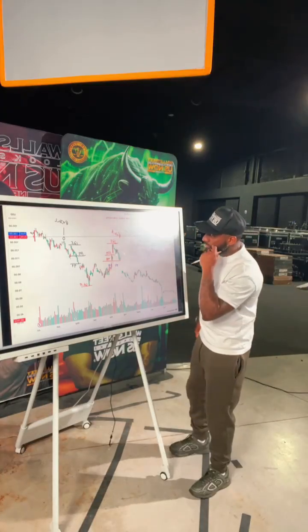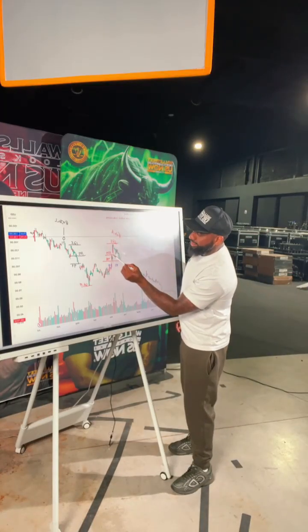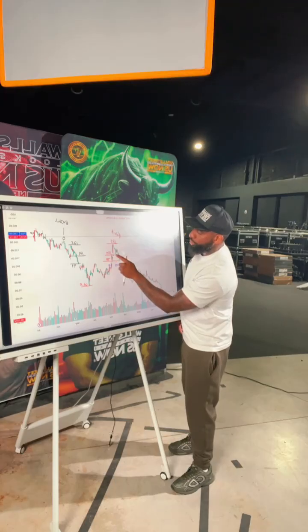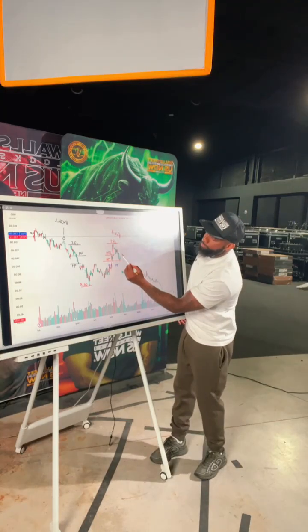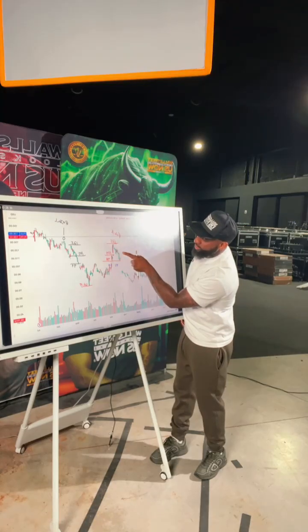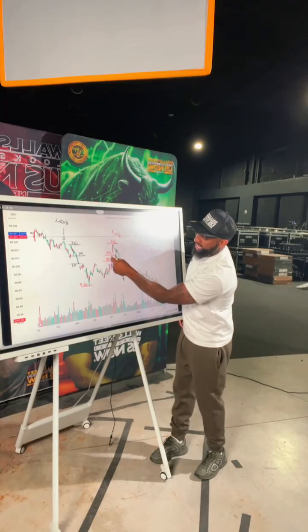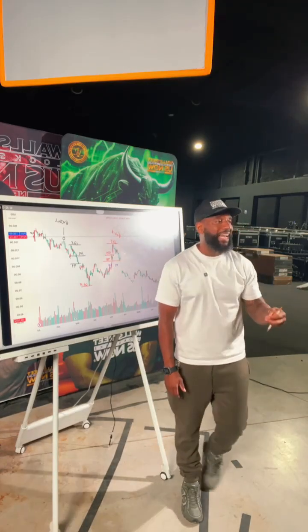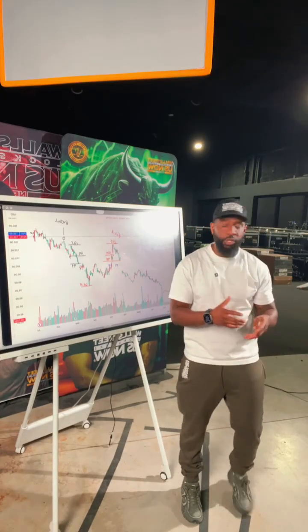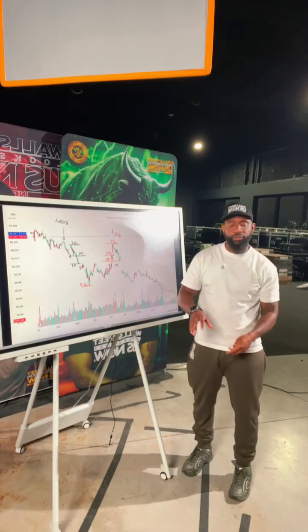Now watch this. From 109, we come down to 98. What does that do for us? We broke this large green candle at 109 with this red candle right here that got us into 98. That tells us we are in a situation where the sellers are taking over.